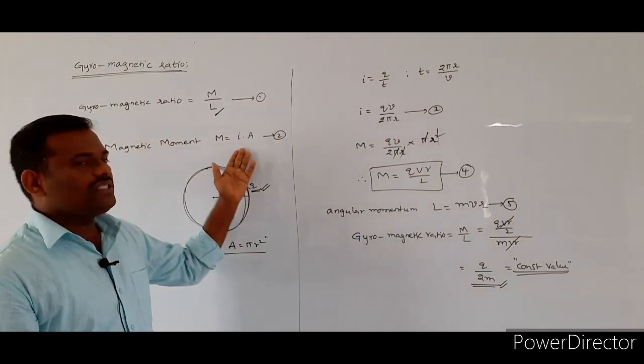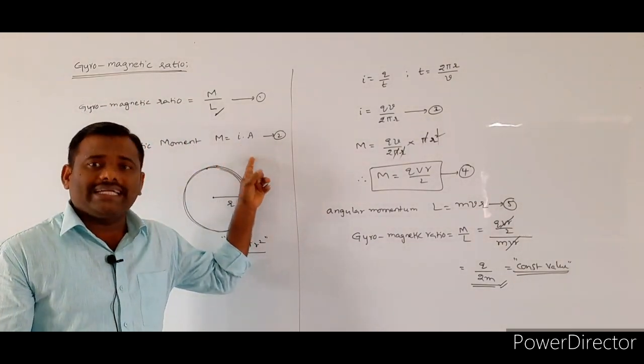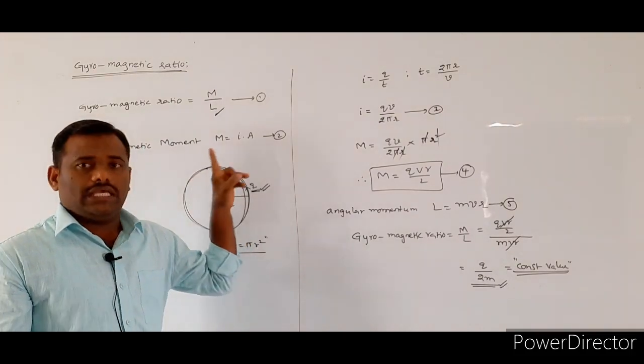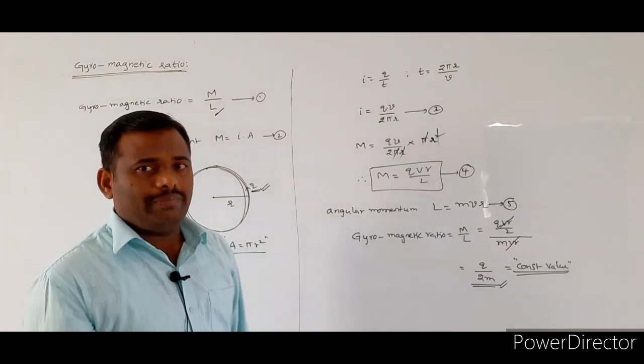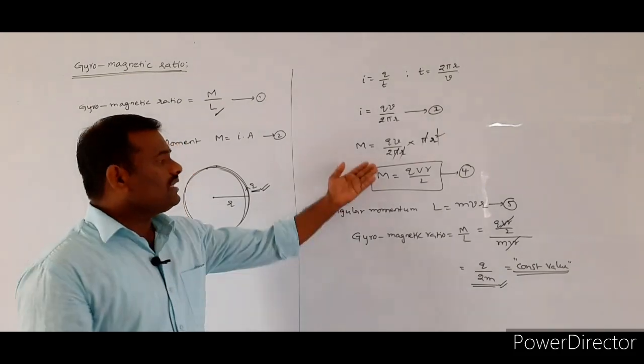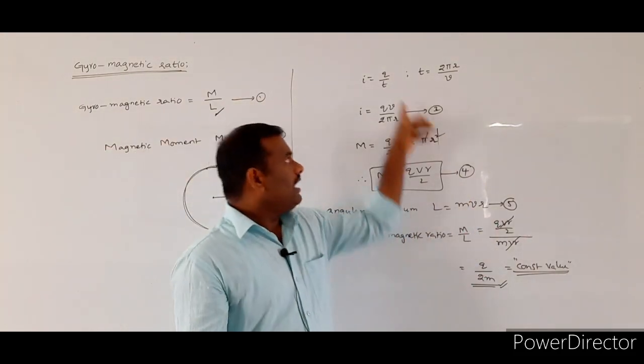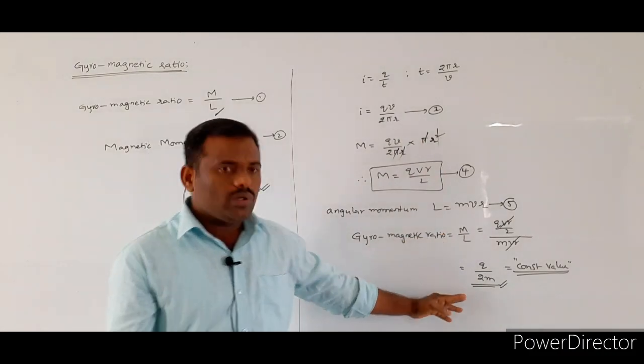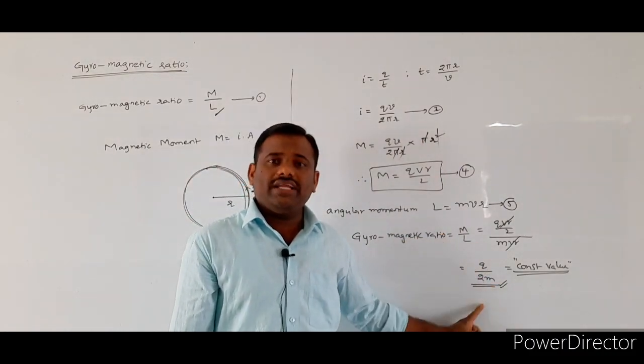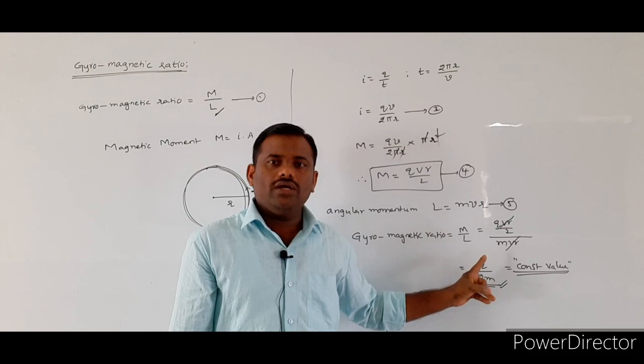So in the last lecture we derived the expression for the magnetic momentum general formula, M is equal to IA, and you know the general formula for the angular momentum, L is equal to mvr. After doing this simplification, you got the final expression, gyromagnetic ratio is equal to Q by 2m.